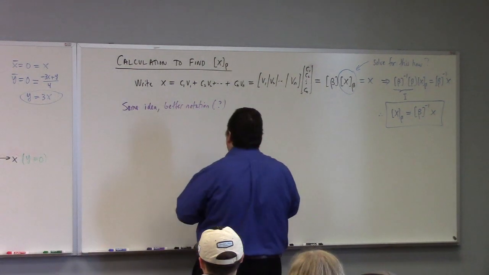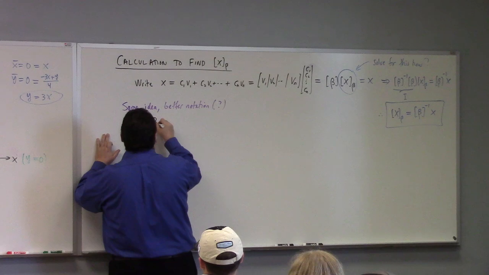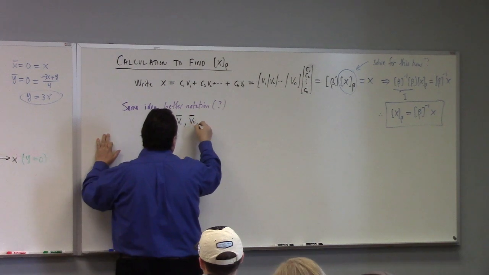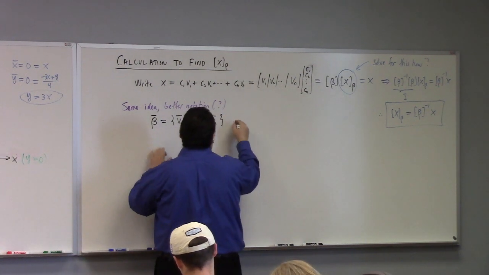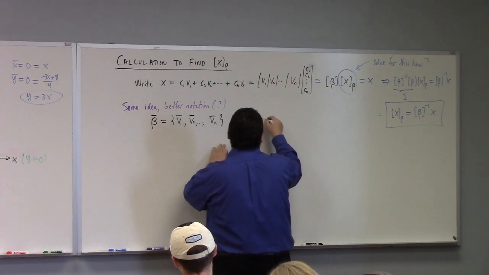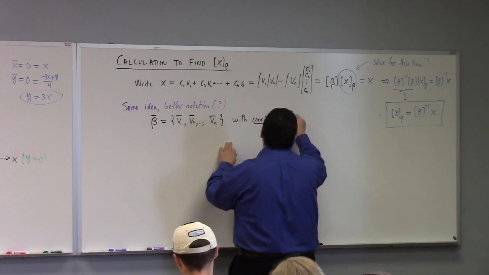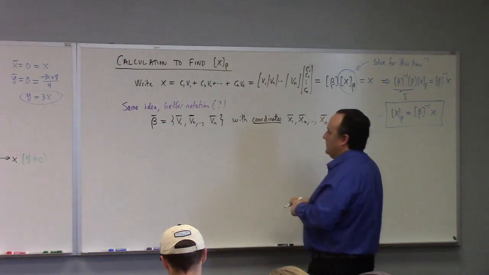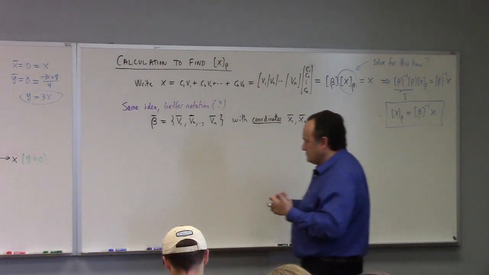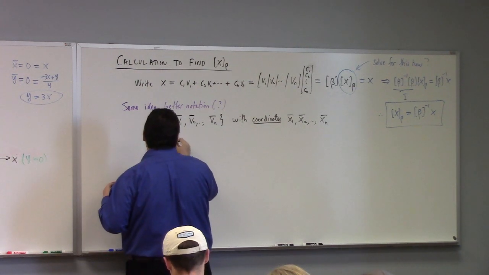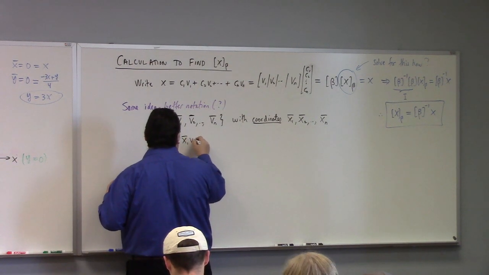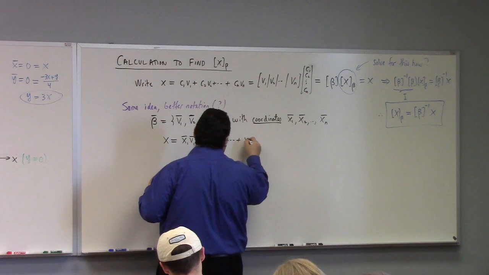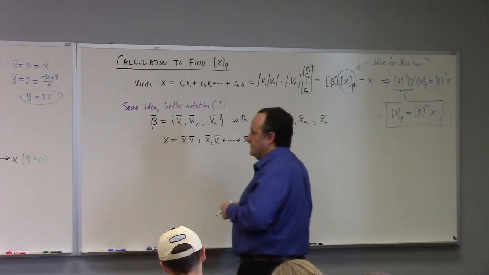So one way we can do that is maybe my basis, I put a bar on it, beta bar, and that's v1 bar, v2 bar, vn bar, all right? And I'll say with coordinates x bar 1, x bar 2. What do I mean by that? What I mean is that if we pick any point x, we can write it as x1 bar v1 bar, and so on.